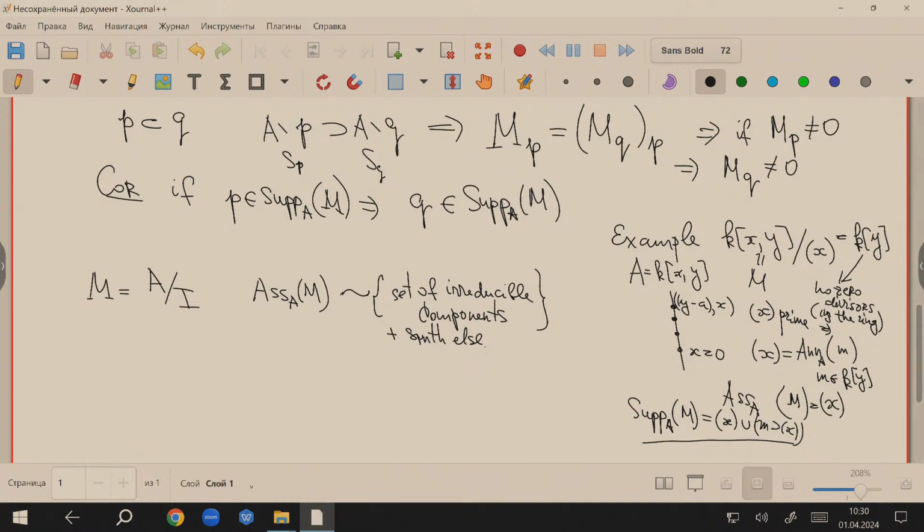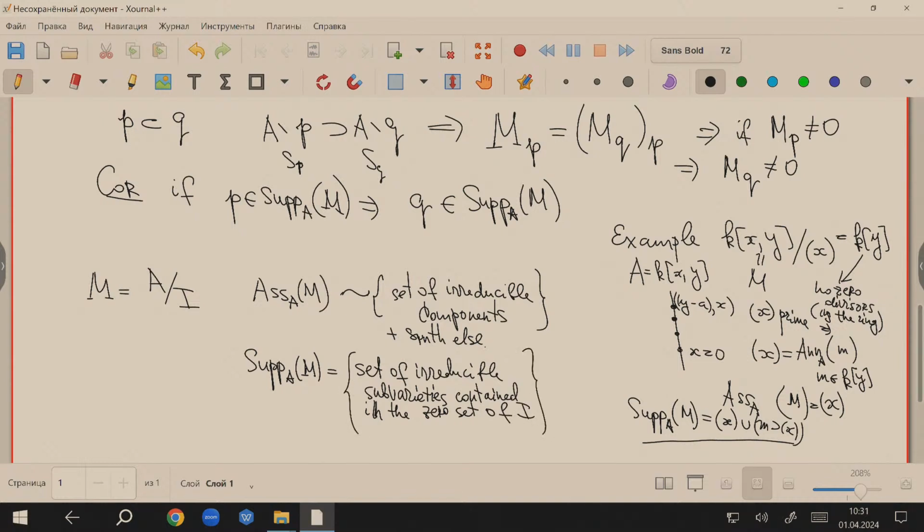And the support of M is just the set of irreducible varieties contained in the zero set of I. So this is the geometric interpretation. That should be kept in mind when you're thinking about these notions.